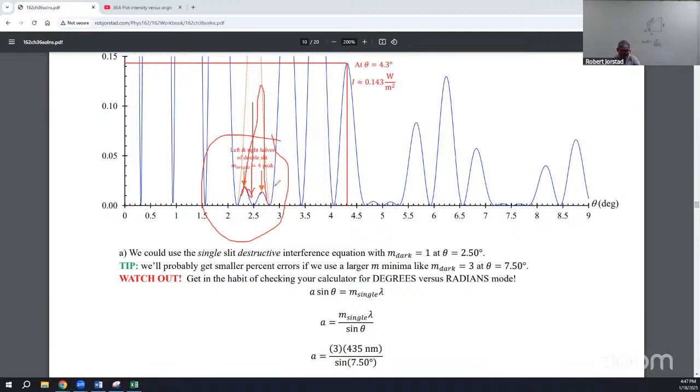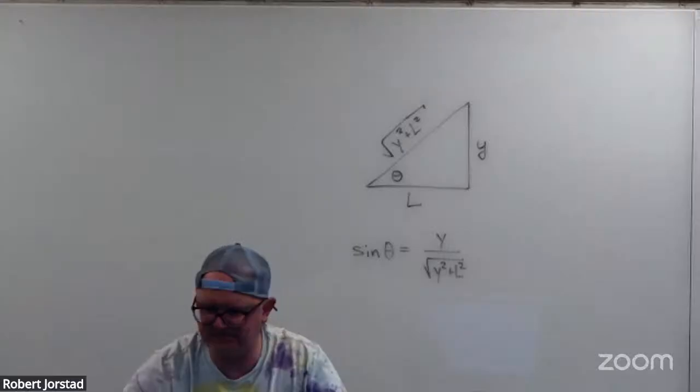So sometimes it appears like you're getting extra peaks where you shouldn't, and that's because the single slit interference can cut a single peak. It can cut a dark fringe from the double slit interference pattern in half and make it appear like you have two little sub peaks. All right, I'll leave it at that. I think that's good.